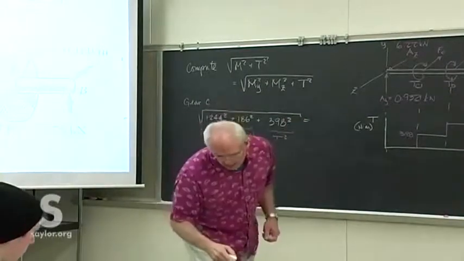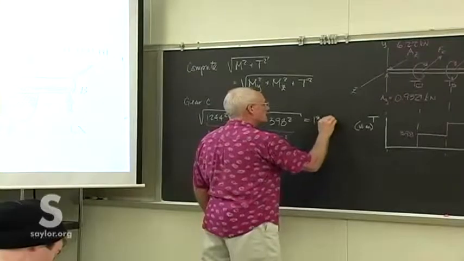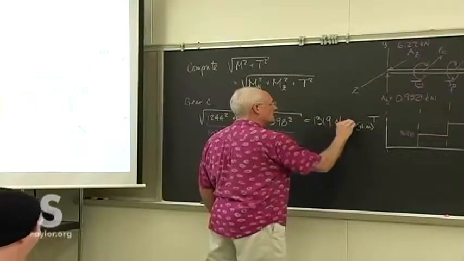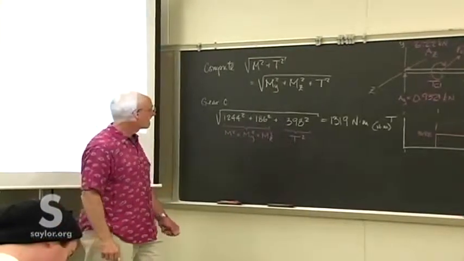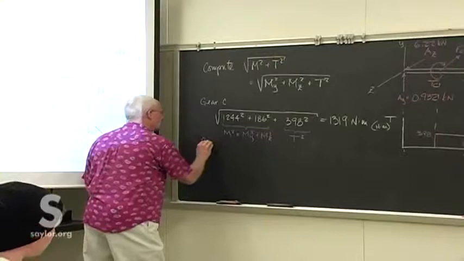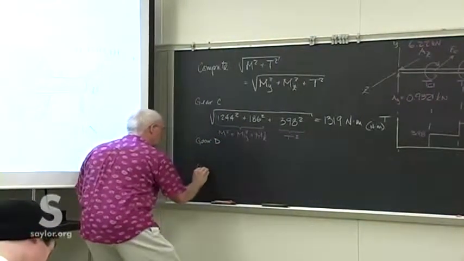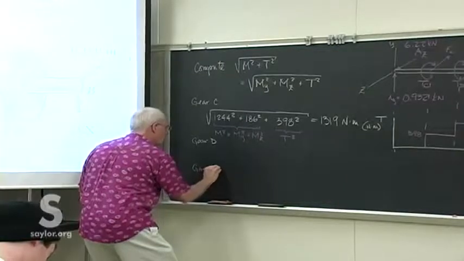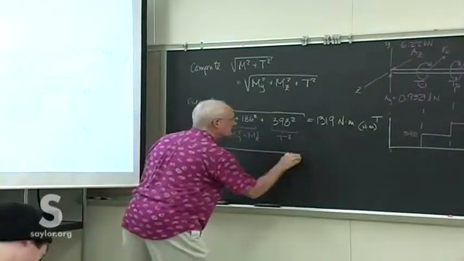And that quantity equals 1319 Newton meters. Do the same thing for gear D, and then again for gear E, so we can find out at which point things are the worst.